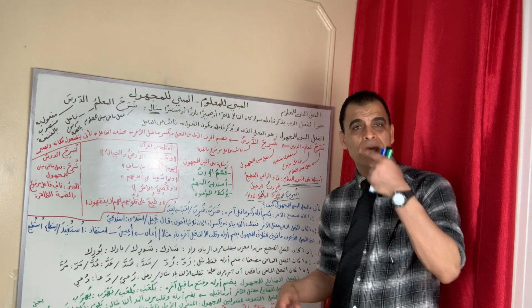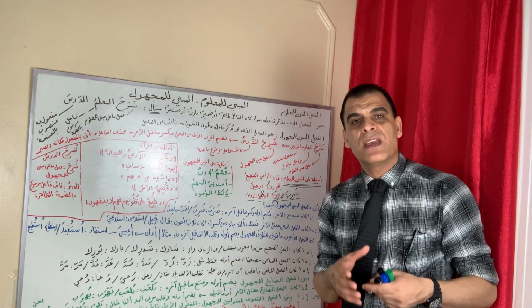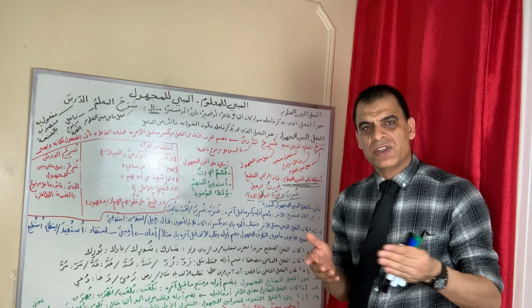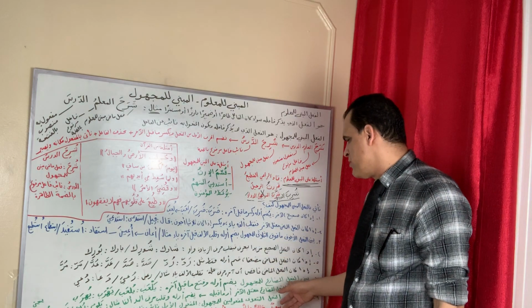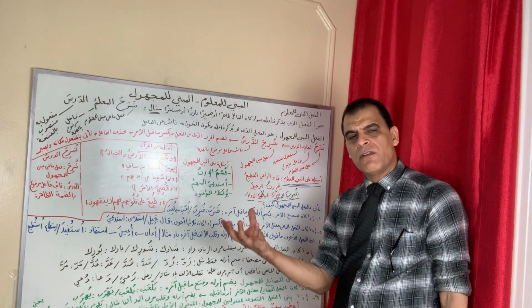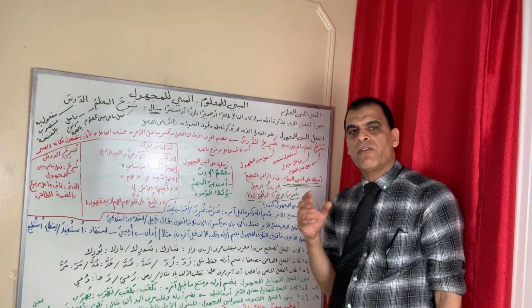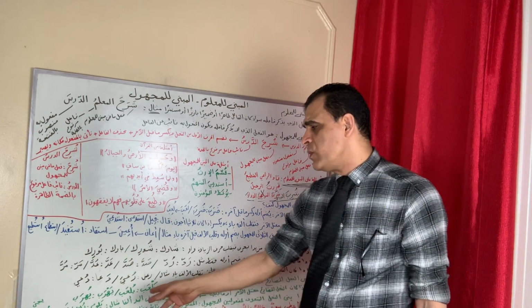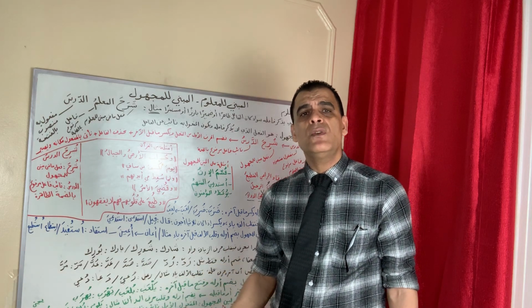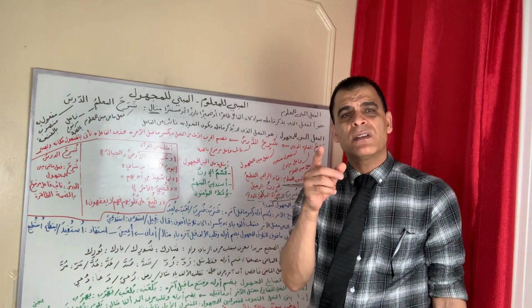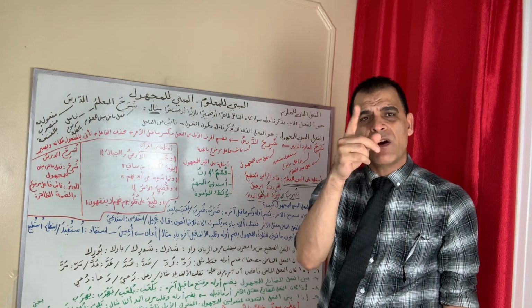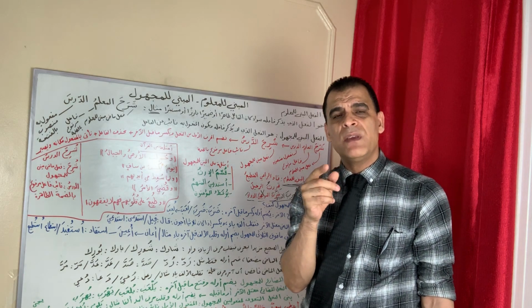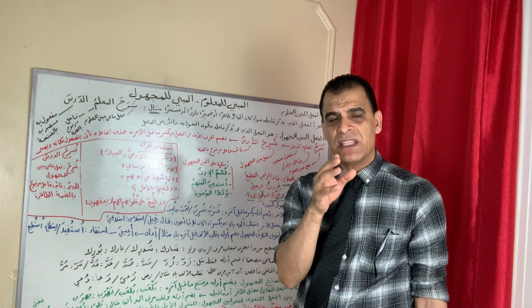We talk about how we make a present verb from active to passive. Number 1, we take a verb, for example يلعب. How do we make it passive? يلعب becomes يُلعَب. We change the fatha on ya to ضمة, and we make a فتحة on the letter before the end.